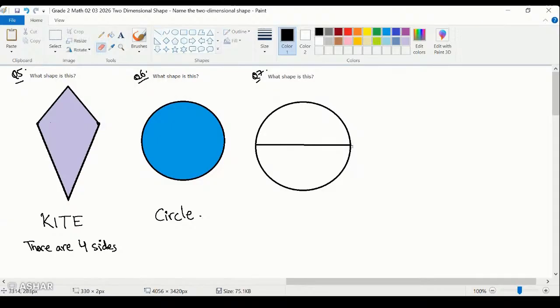We order 2 flavors on a pizza, right? We ate half of it and we are left with half. Agreed? So what is the name of this shape now?